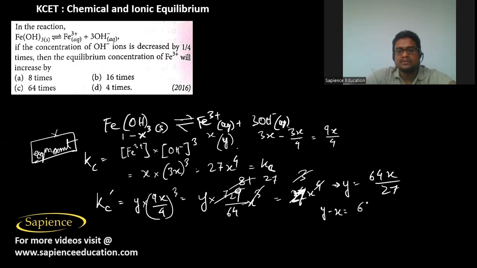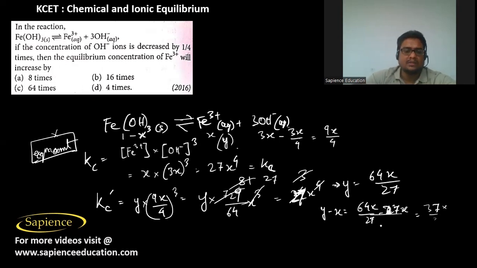So that is 64x by 27 minus 27x by 27, which is 37x by 27.